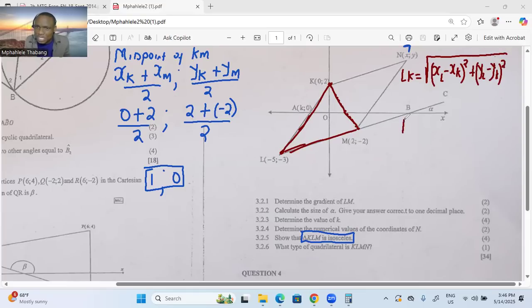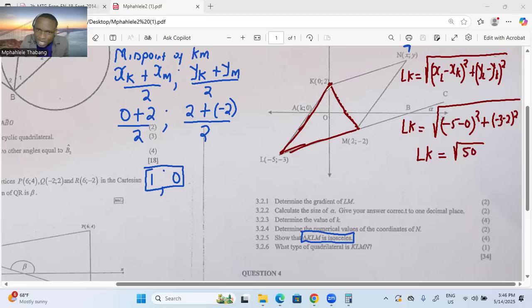My x at L is minus 5, my x at K is 0, my y at L is minus 3, my y at K is 2. So LK is the square root of 50.